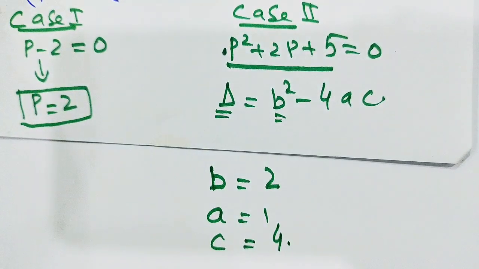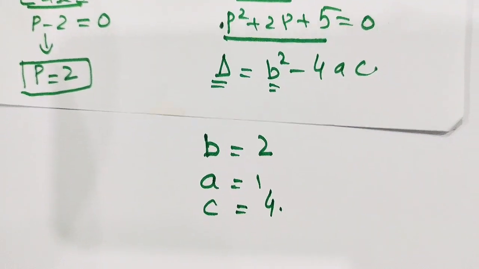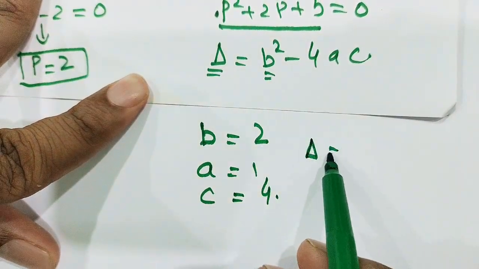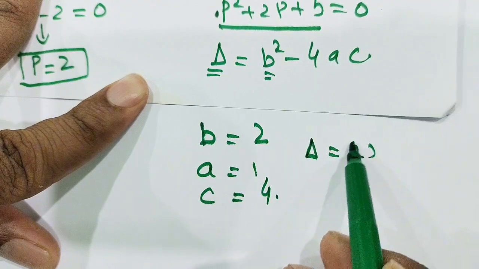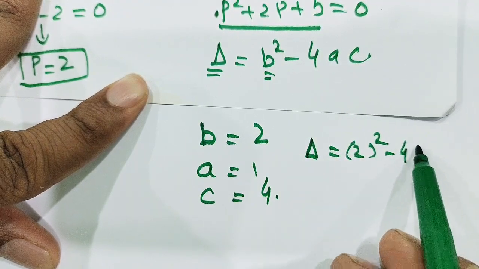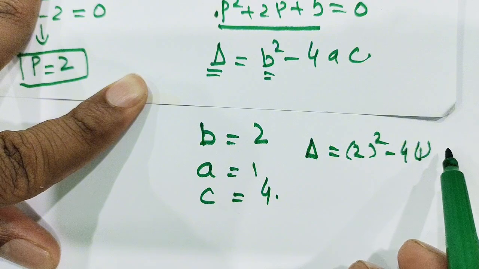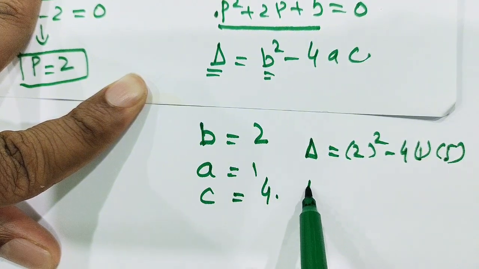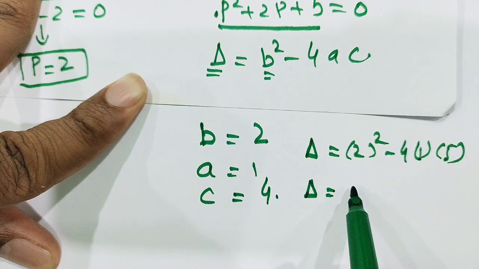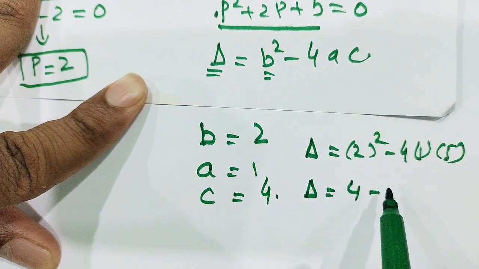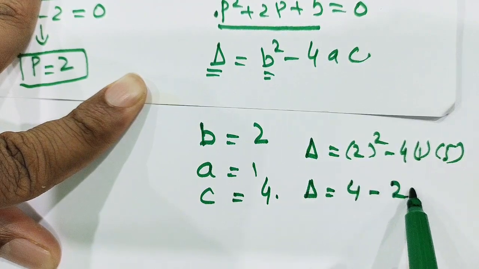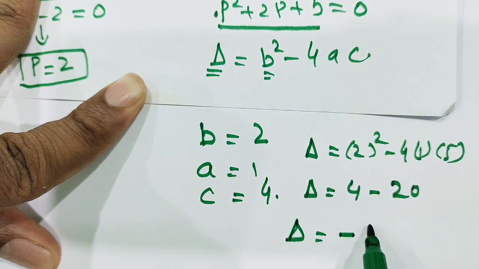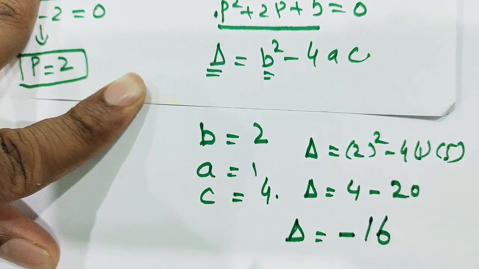By putting these values in the above discriminant formula, what is delta? Delta is simply b square, 2 square, minus 4ac, 1 into 5. Then the discriminant is equal to 4 minus 20. Discriminant is simply equal to minus 16.